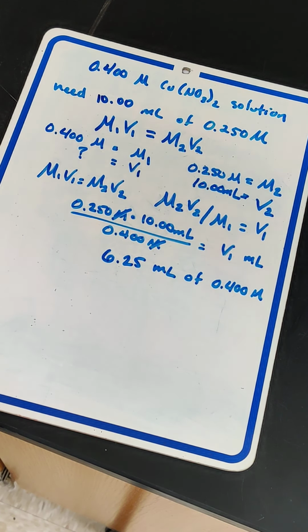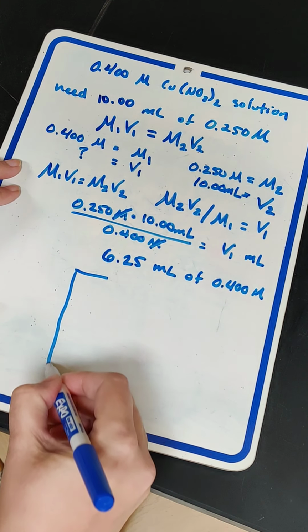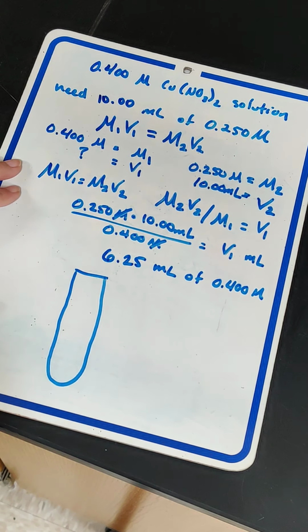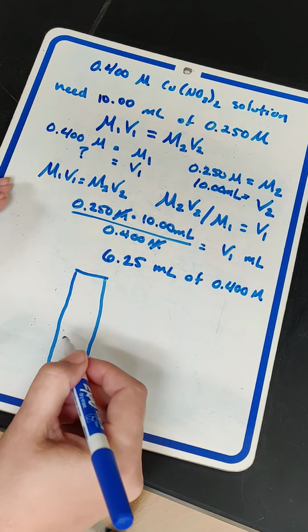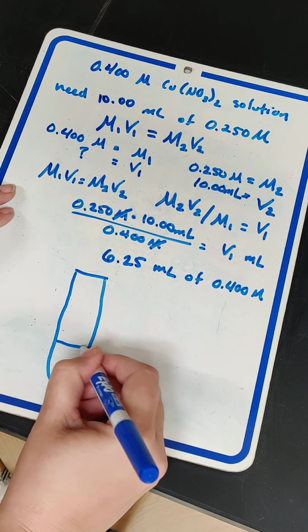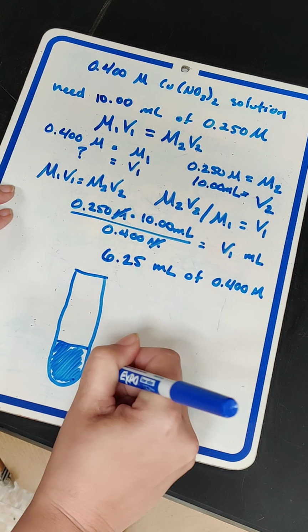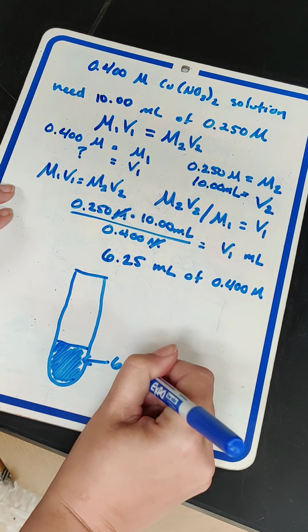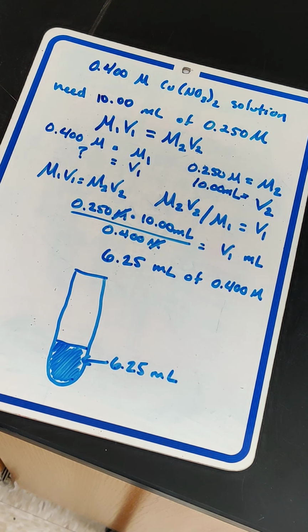So let's think about how this would look physically. I'm more than likely going to do these in a test tube because there's not a huge volume of solution. So I would start by putting 6.25 milliliters of blue copper 2 nitrate solution into my test tube.